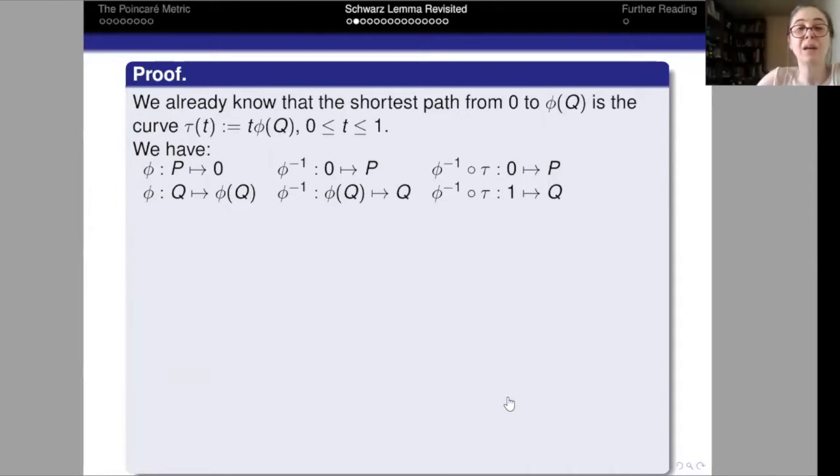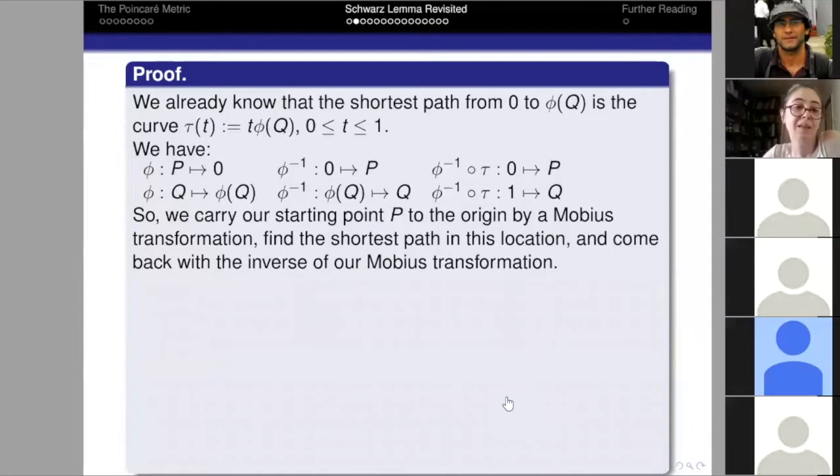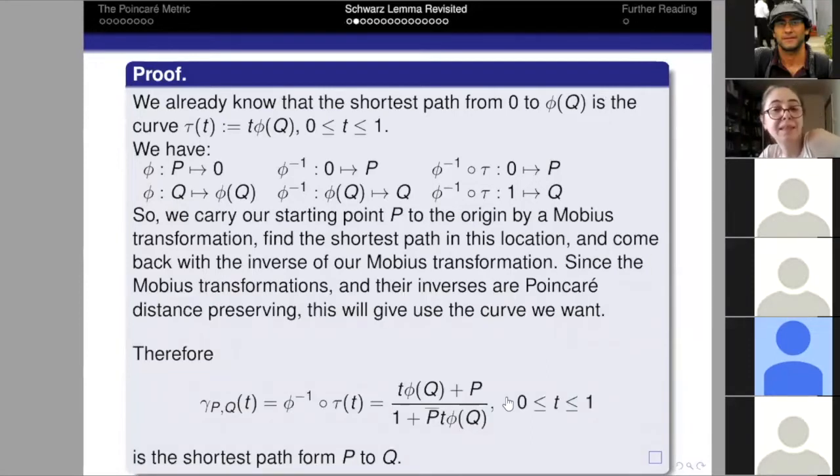So we carry our starting point p to the origin by a Mobius transformation, find the shortest path in this location, and come back with the inverse of our Mobius transformation to write the formula of the curve. Mobius transformations and their inverses are Poincare distance preserving.